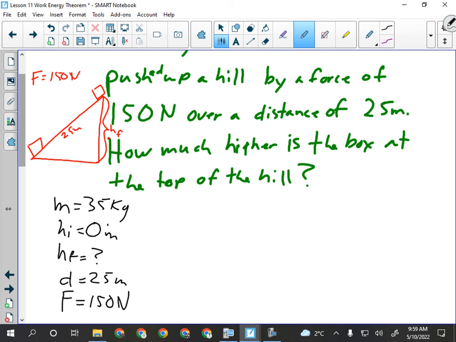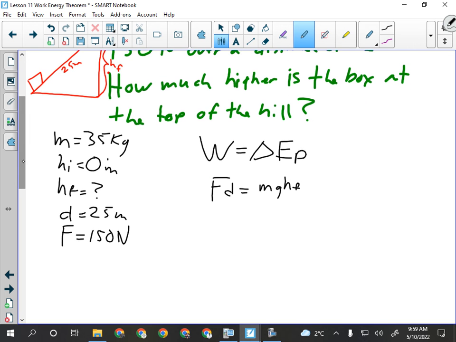All right, so what kind of energy is being changed in this question? Potential. We're changing the height of the box by pushing it up a ramp. So work equals the change in potential energy. Expand that out: force times distance equals m times g times h final. I'm not even going to bother writing m times g times h initial because it's 0. Now I can figure out the final height. What do I have to do with m and g?